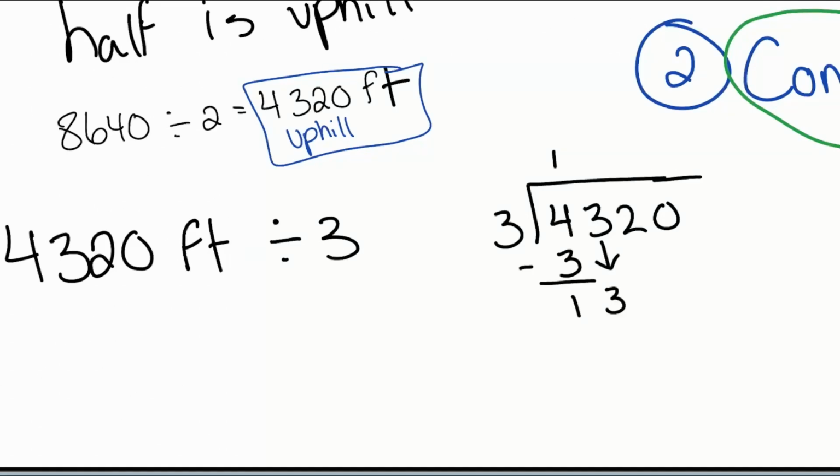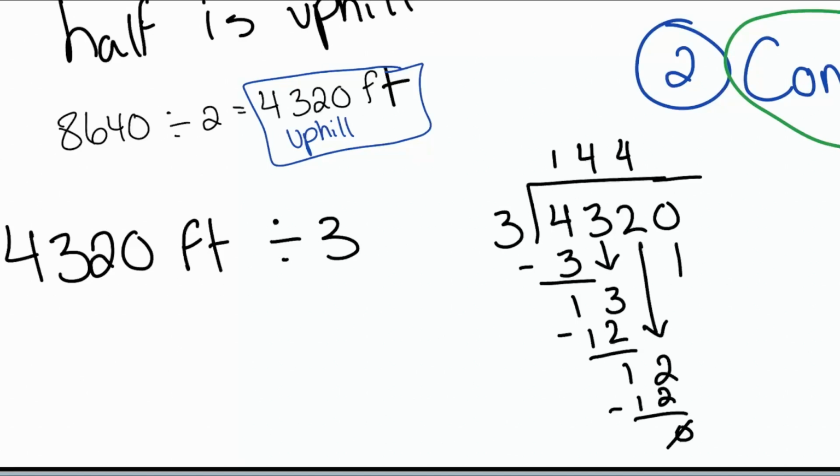Drop the 3. Then we have 3 going into 13 4 times. Subtract 12 with 1 left over and drop that 2. Then we have 3 goes into 12. That'll be 4 times again, but this time it's a clean 4 times because there's no remainder. So that 0 that we would have dropped, we'll just place at the top, and there we are.